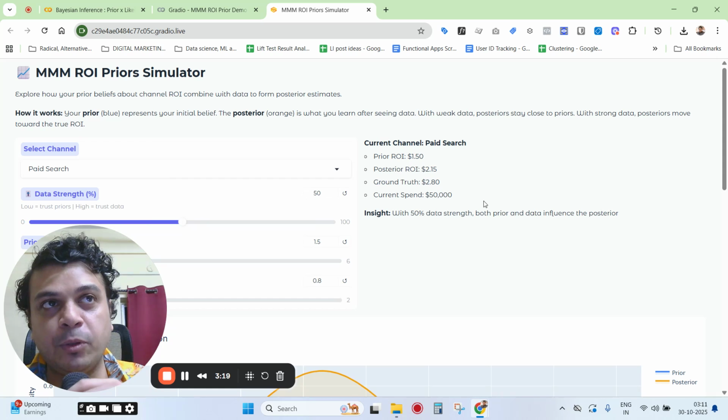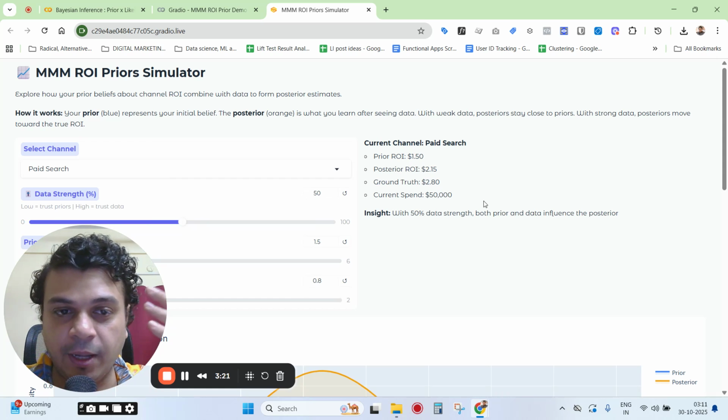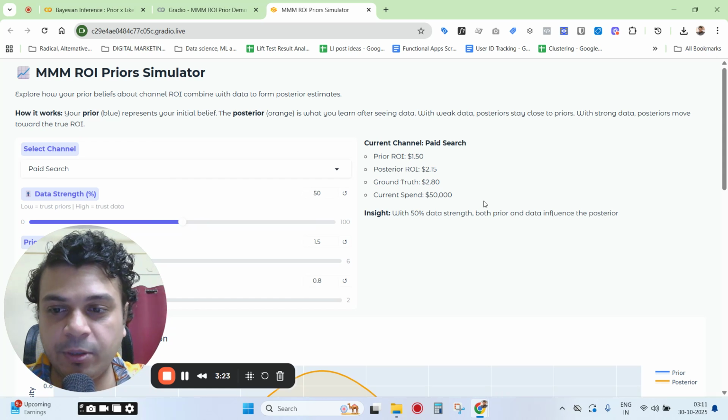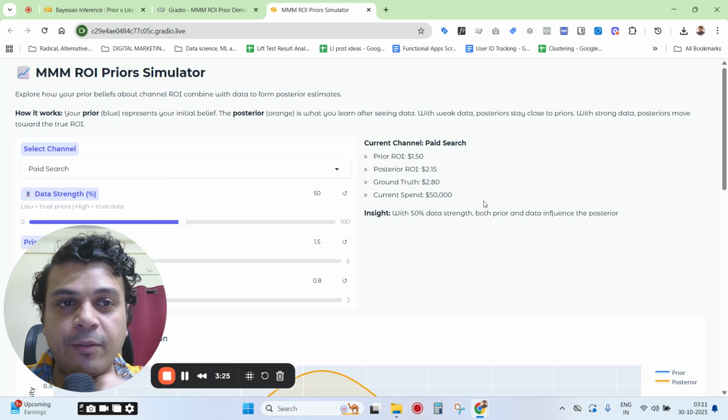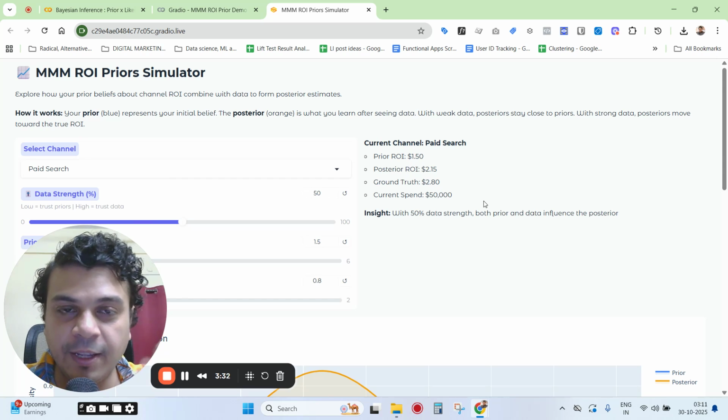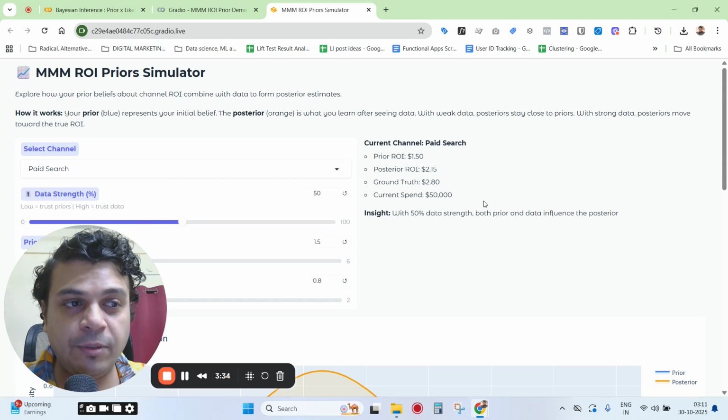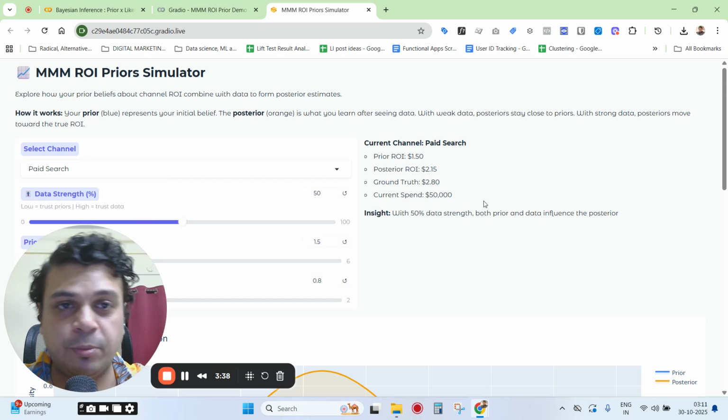Meaning, let's consider all normal distributions. Suppose your data has a normal distribution with a mean at say 5, and your prior belief was that the ROAS has a distribution with a mean of say 3.